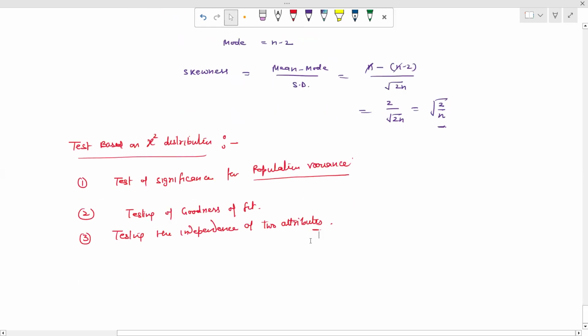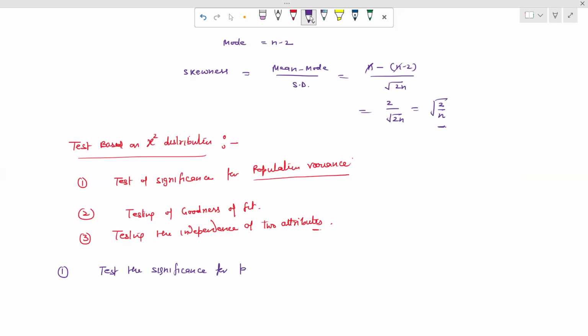So now we start the first part. The first part is testing the significance for population variance.